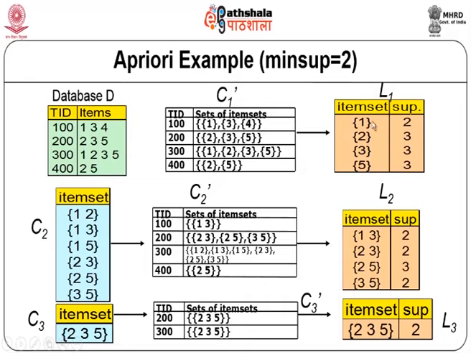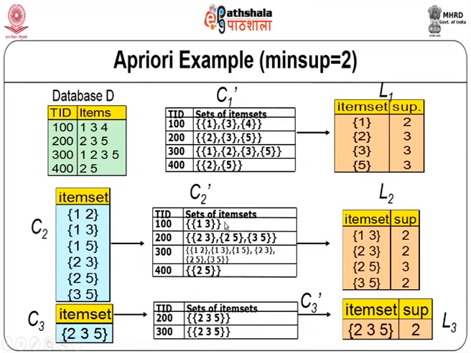When we join the items in L1 with itself, you will generate item 1 comma 2, item 1 combined with 3 gives item 1 comma 3, then item 1 comma 5, then item 2 comma 3, 2 comma 5 and finally item 3 comma 5. So, the possible candidate 2-item sets are listed here and indicated by the notation C2.